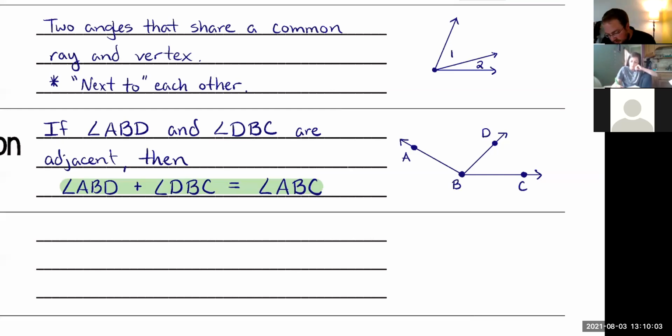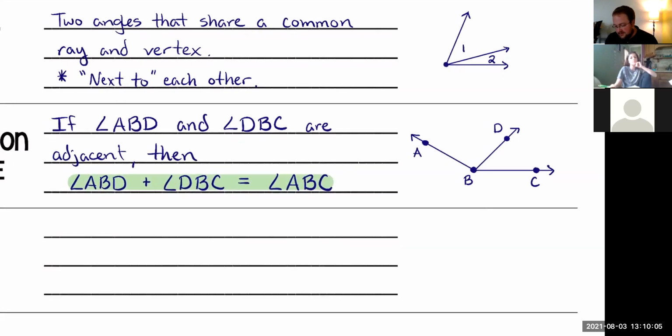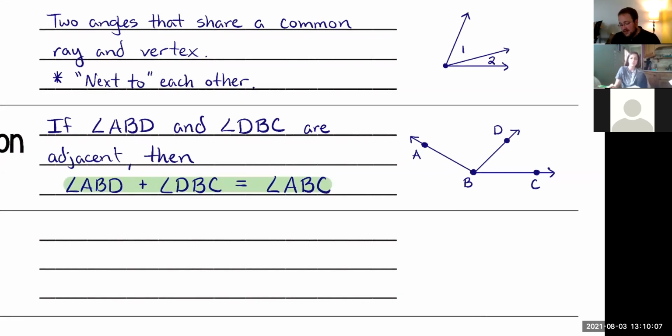So in other words, as you guys are writing this down, what it's saying is the measure of this angle right here plus the measure of this other smaller angle right here, because they are adjacent, equal this big angle, which contains both of them.